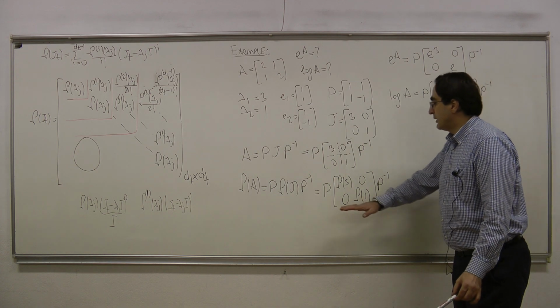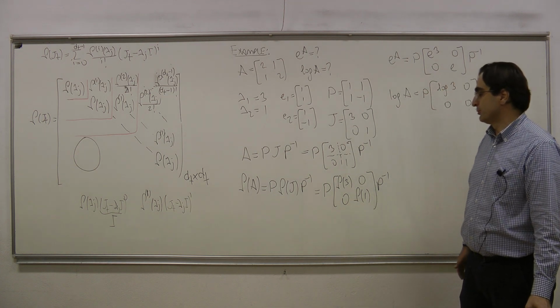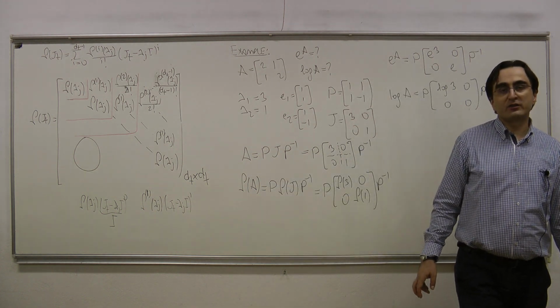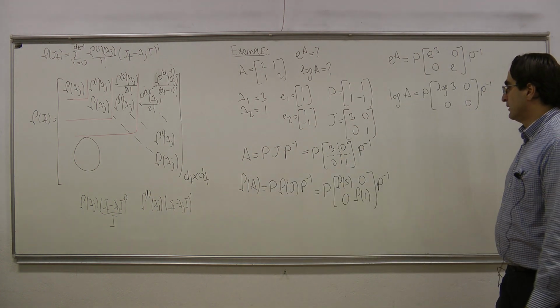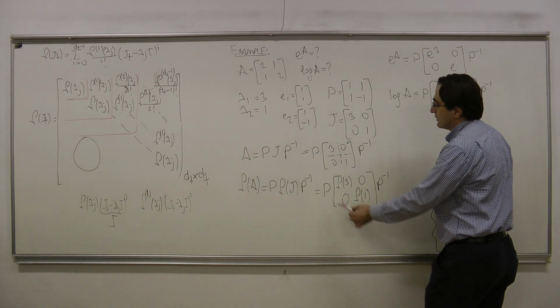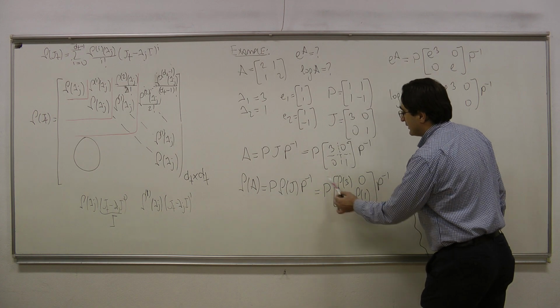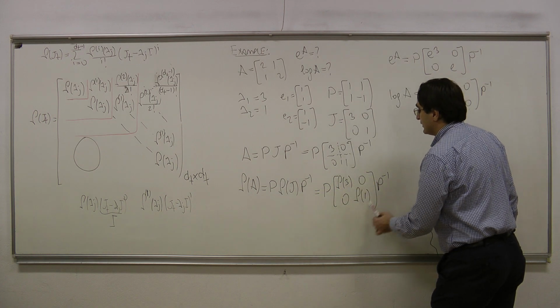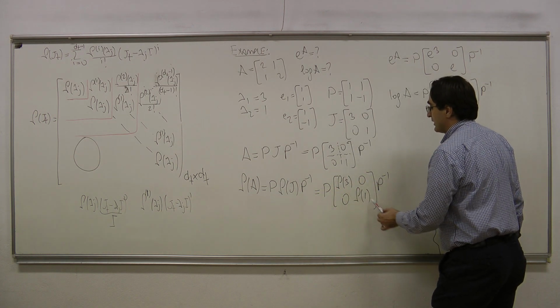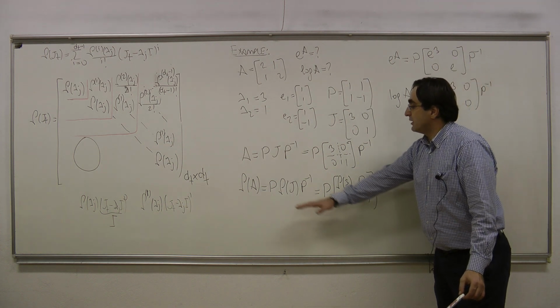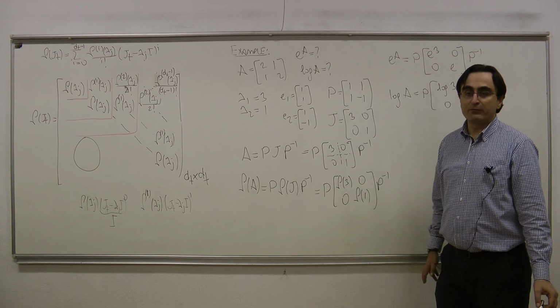What can you say by looking at this type of decomposition? You see that this is nothing but the eigen decomposition of f of A. I have the eigenvector matrix, the eigenvalues on the main diagonal, and P inverse.